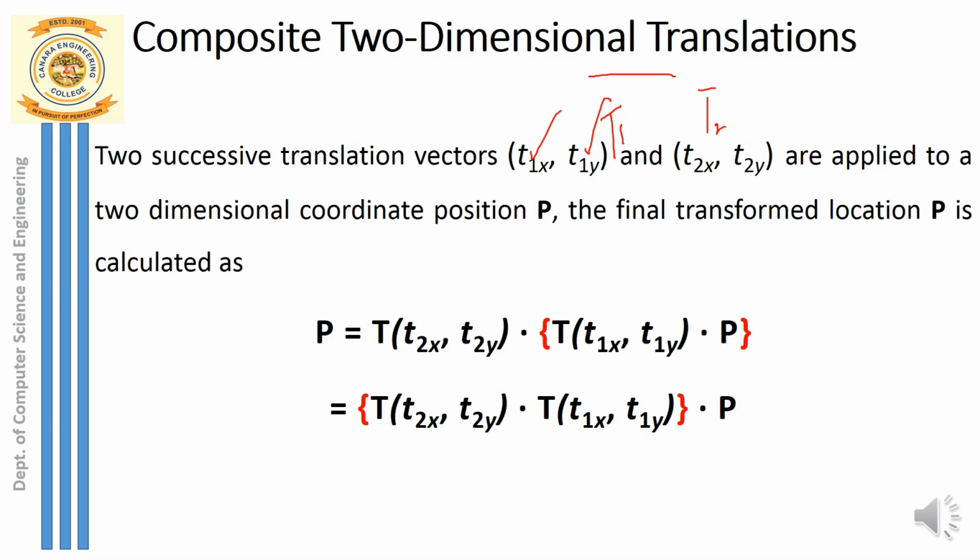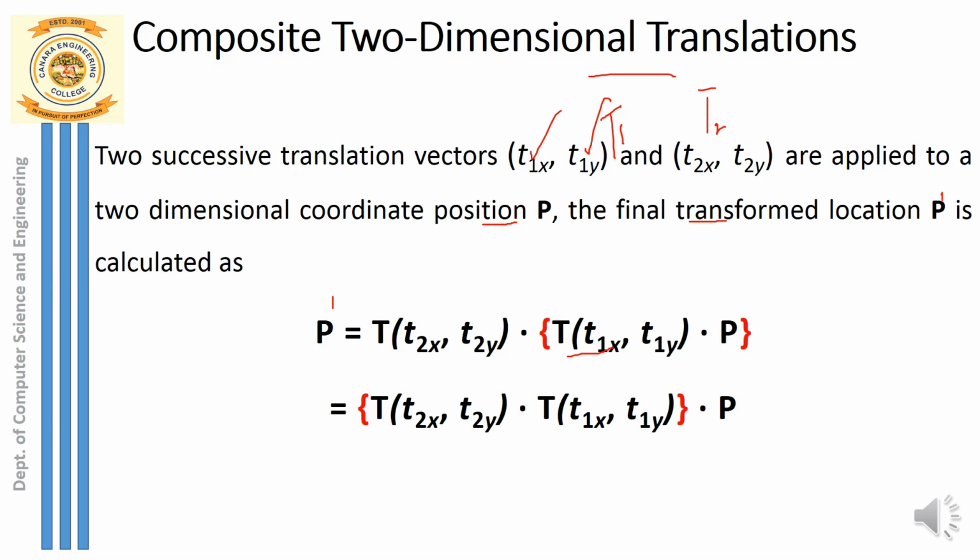Now, when I apply these two translations on a particular point or position P, let's see what will be the transformed location. Let me represent it as P dash. How do I calculate this point P dash? P dash is calculated from the original point P onto which I am applying the first translation. Always you have to apply the transformation from right to left.